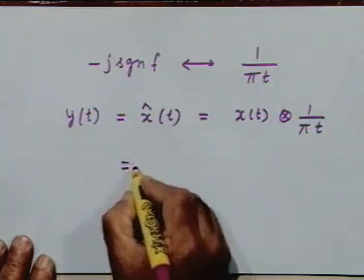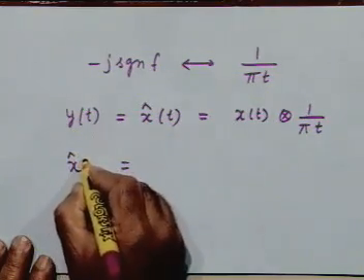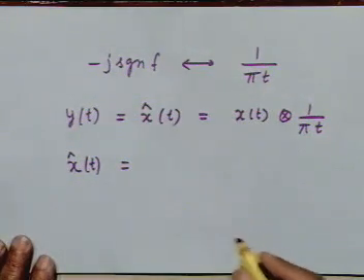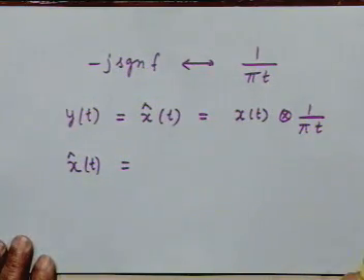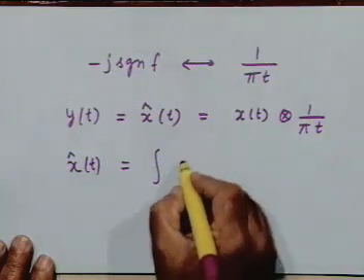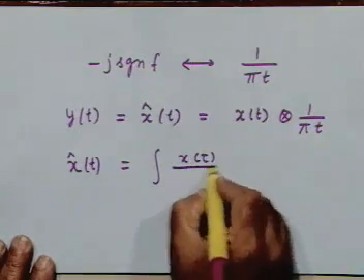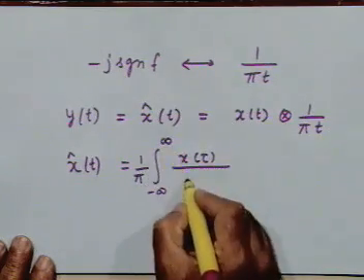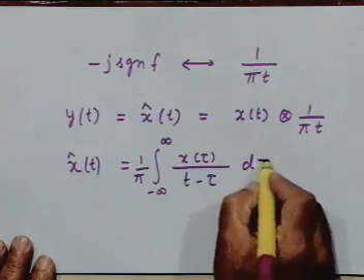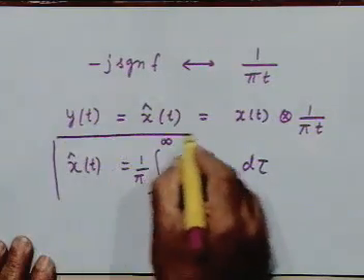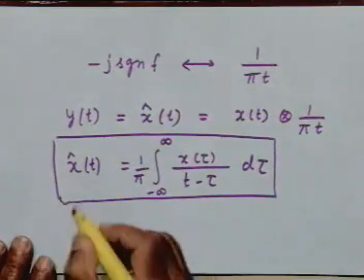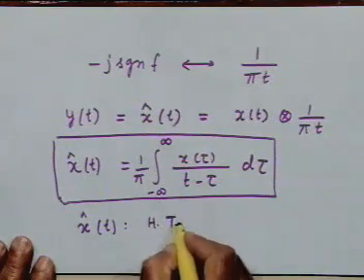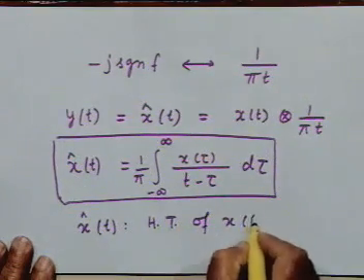That's the definition of the Hilbert transform. X hat t, which is the output of this constant pi by 2 phase shift filter, is related to x of t through this convolution relation. And x hat t here is the Hilbert transform of x of t.